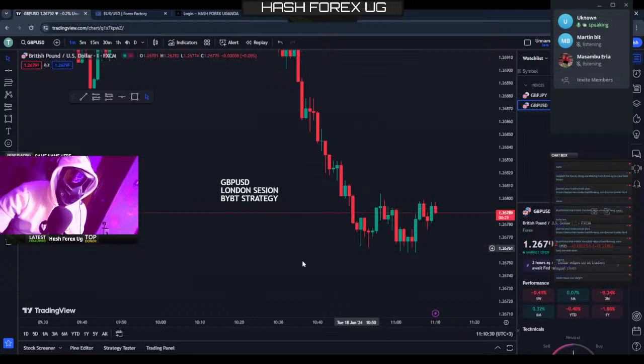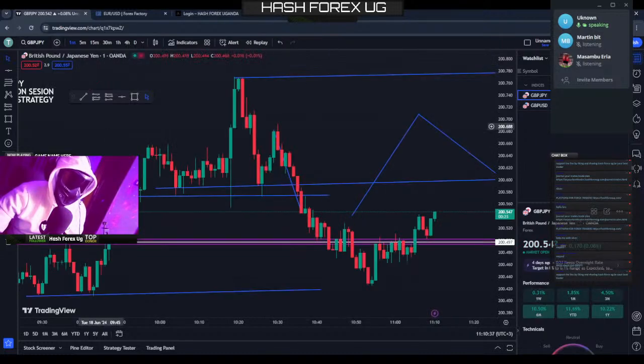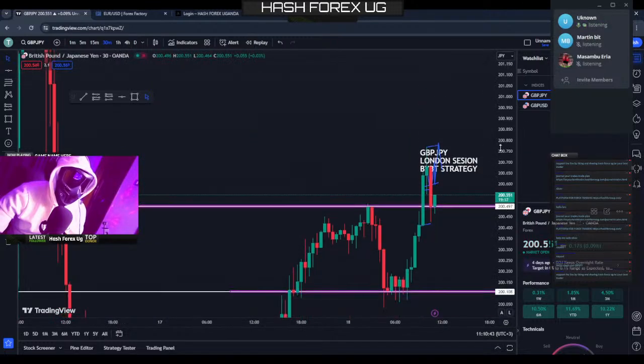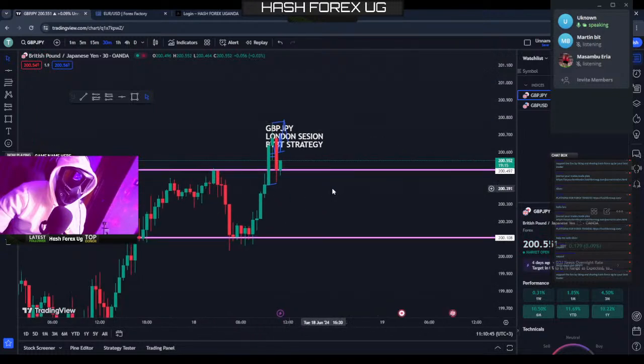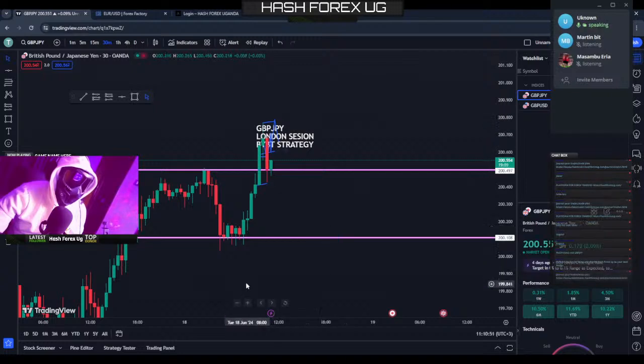GJ, GBP JPY is what we trade. We are trading here right now. So we said we want to get buys above this zone and then sells below the zone. We had it break above, coming into our zone here, giving us the buy.